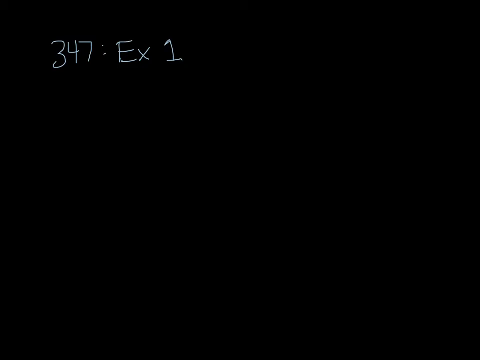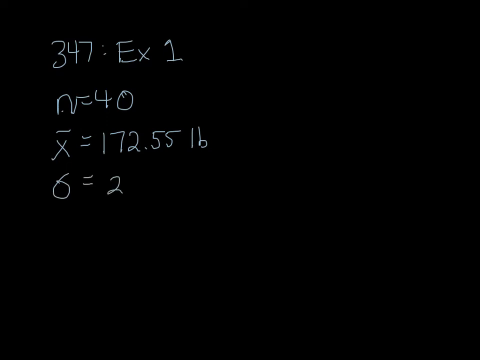Now, using the weights of men from dataset 1 in Appendix B, we obtain the sample statistics for the simple random sample where n equals 40. The mean weight is 172.55 pounds. And it says research from other sources suggests that the population weight of men has a standard deviation of 26 pounds.